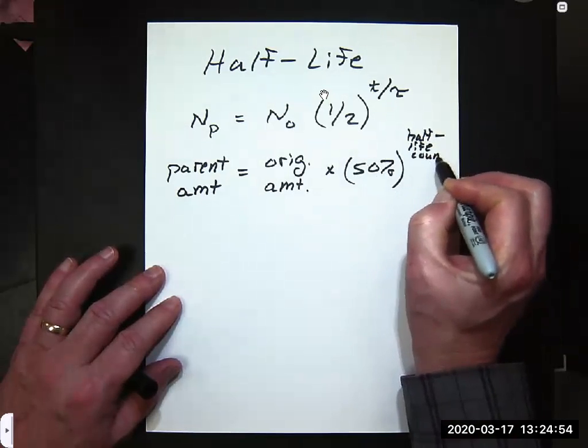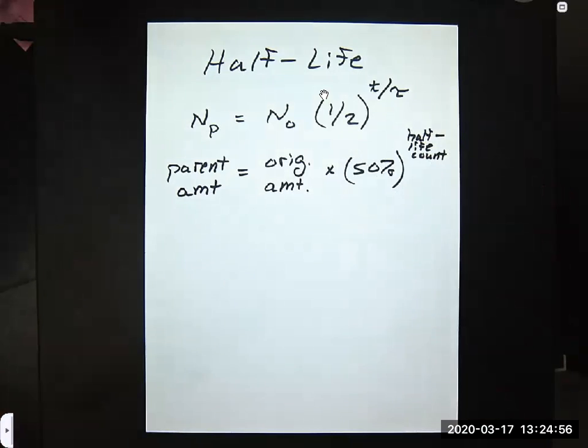Now that's a power. So the idea here is that with the passage of every half-life, however long that is, you have half as much as what you had at the previous half-life.